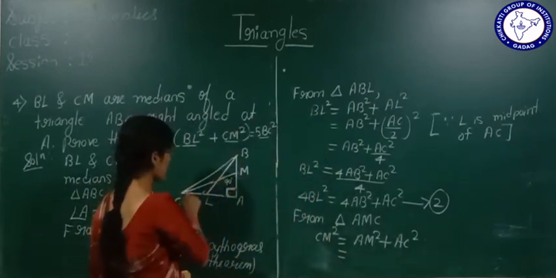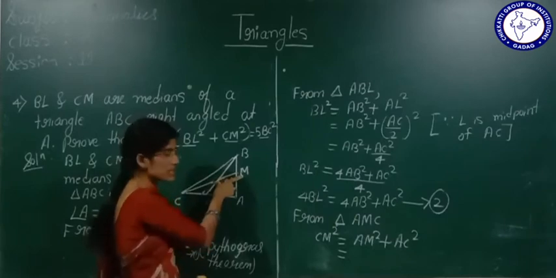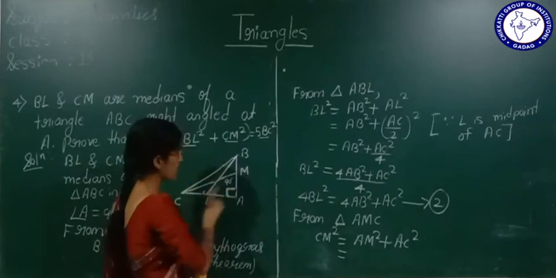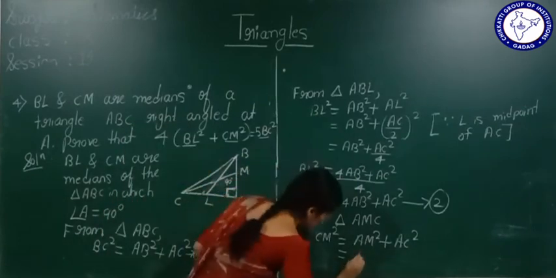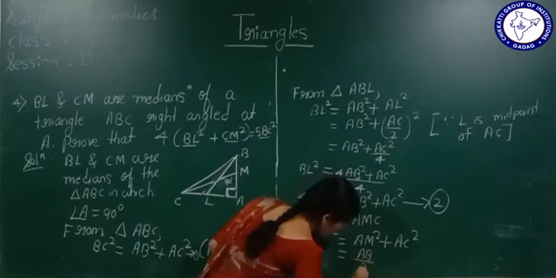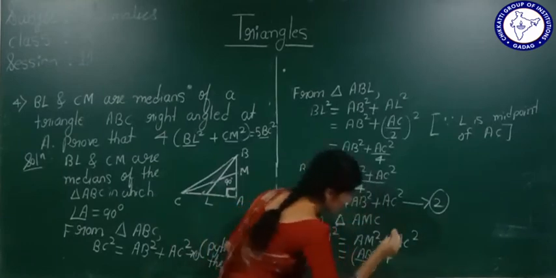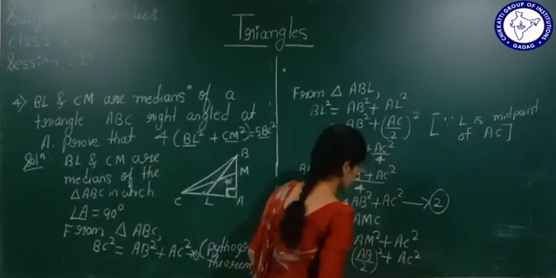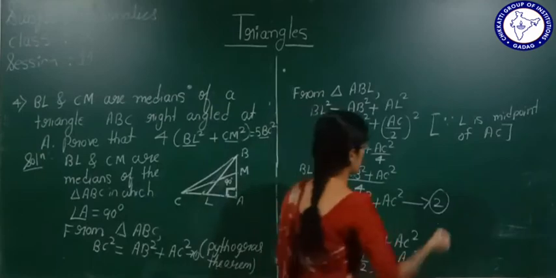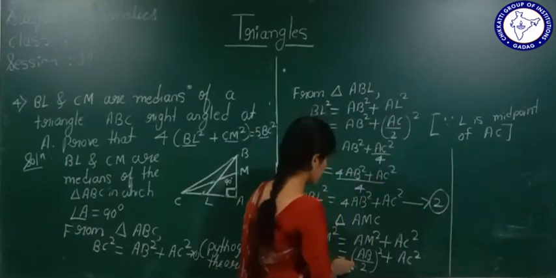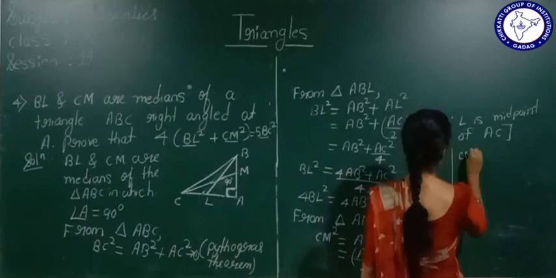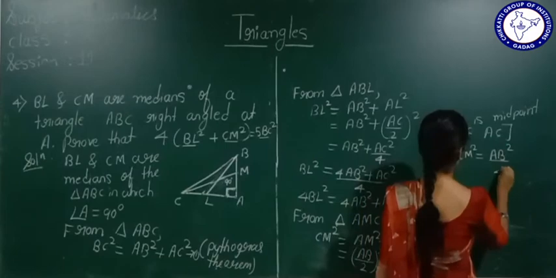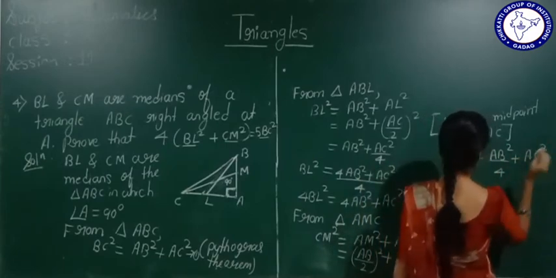Now see here, CM is the median, which means BM is equal to MA. These two are going to be equal. In place of AM, what can I write? AB by 2 the whole square plus AC square. Now we will simplify this. CM square is equal to AB square by 4 plus AC square.